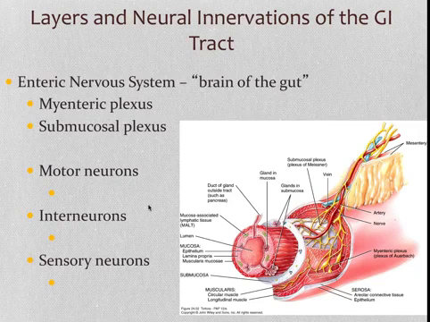Oh, and very quickly, the muscularis mucosae of the mucosal layer. Basically, this is a thin little layer of smooth muscle, and it will contract, and by its contraction it kind of moves those epithelial cells around.